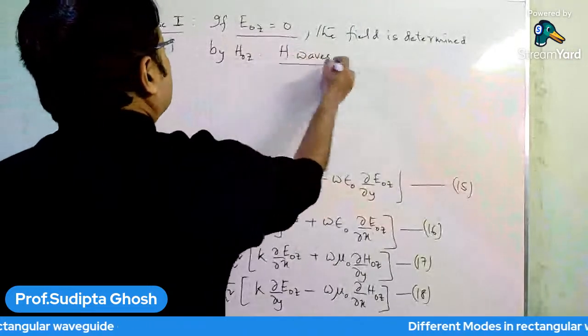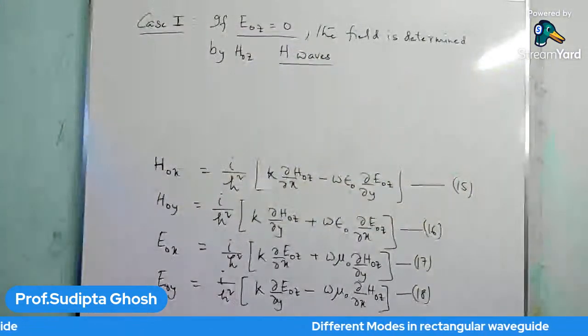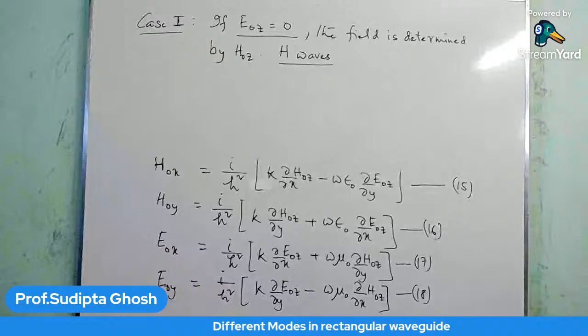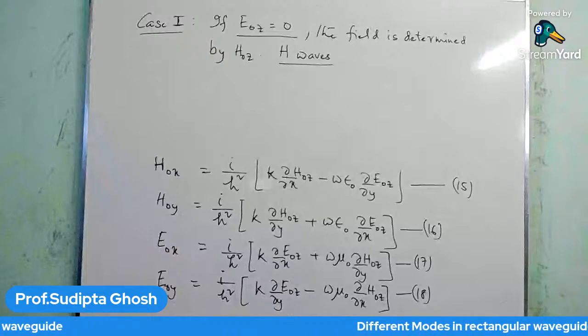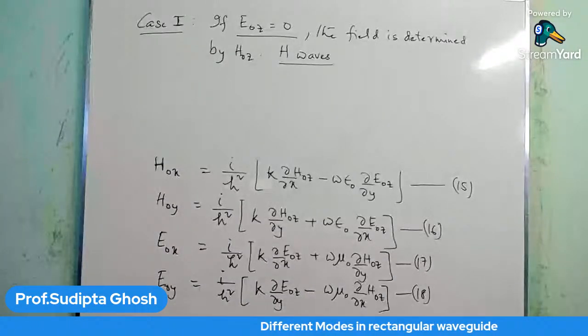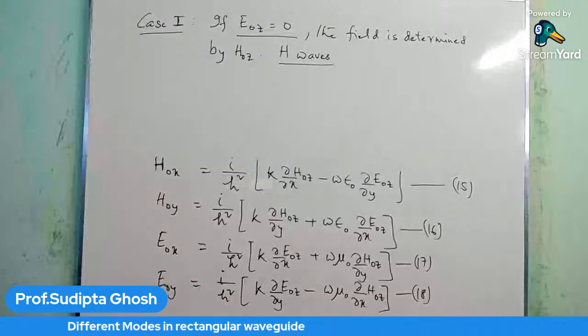Here you can see that only the transverse electric field exists, and the corresponding wave is also called transverse electric or TE waves.